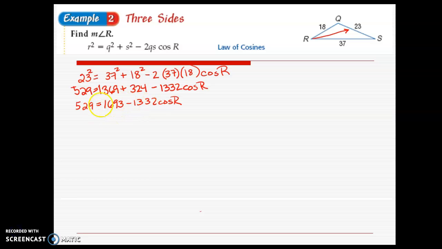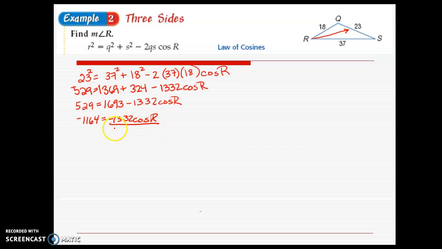Okay, what we've got to do is combine our numbers here. So subtract 1693 from that 529, and you get negative 1164 equals negative 1332 cosine of r.